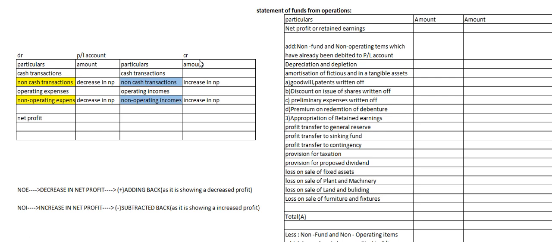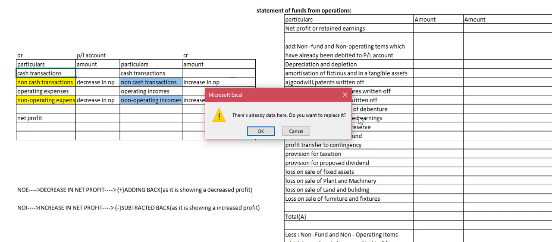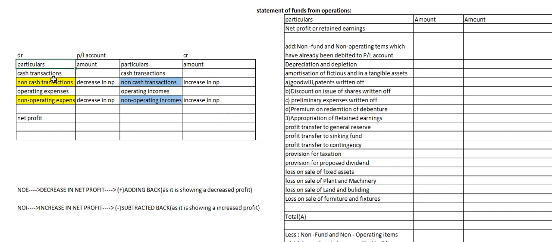So to put that in an example, I will just show you. This is a profit and loss account. So in your debit side, you add your cash and non-cash transactions, operating and non-operating expenses. In your credit side also, you add both your cash and non-cash transactions, operating incomes and non-operating incomes. So when you add your operating expenses and non-operating expenses, obviously your net profit will reduce.